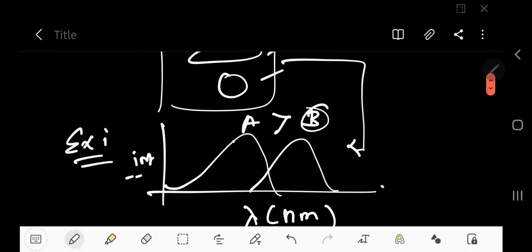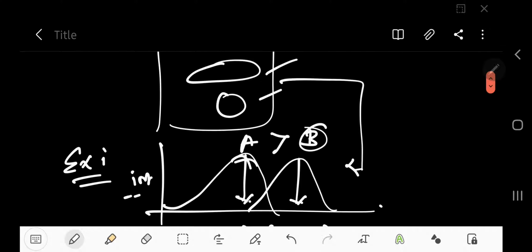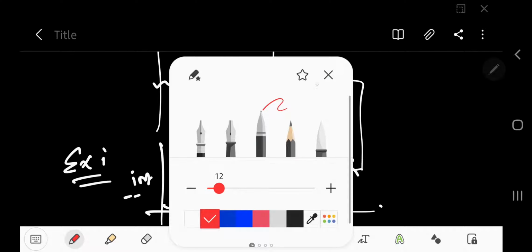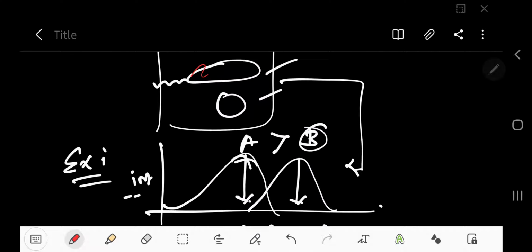You are getting the band at A and band at B. There are two peaks you are getting in absorption. So you know that when the light passes through the rod-like nanoparticle, it travels this way or this way. When it travels through the longitudinal axis, it will be losing more energy, right?